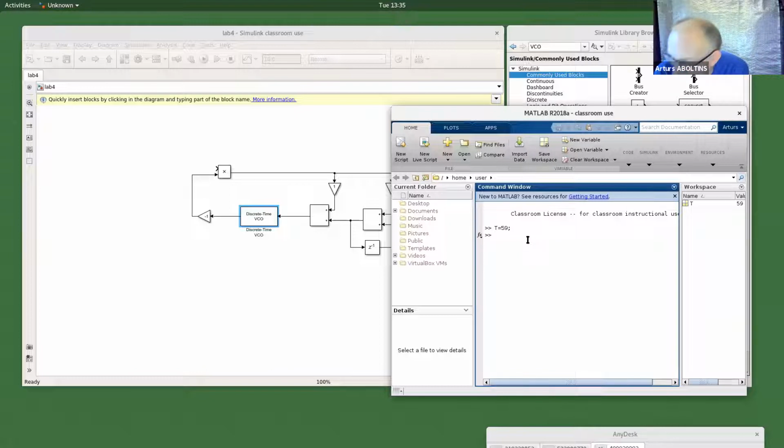Center frequency, you can call it as you wish, but this center frequency must be equal to 1 divided by T divided by 1000. Actually that means you have a very small step.